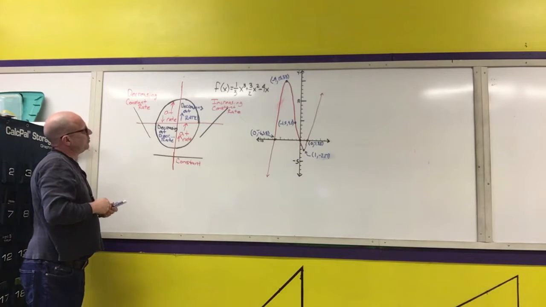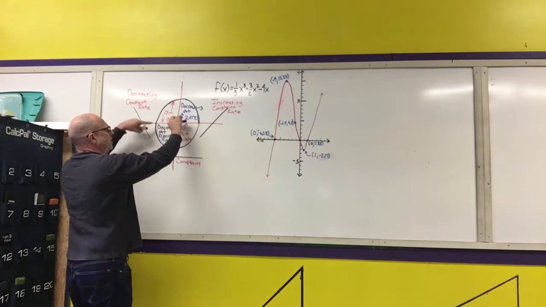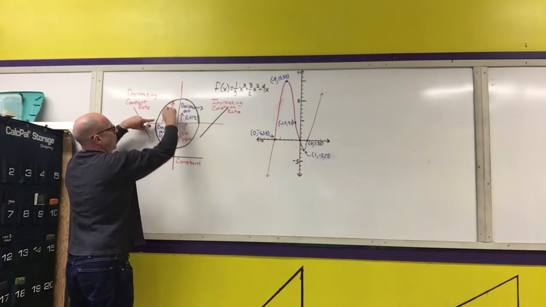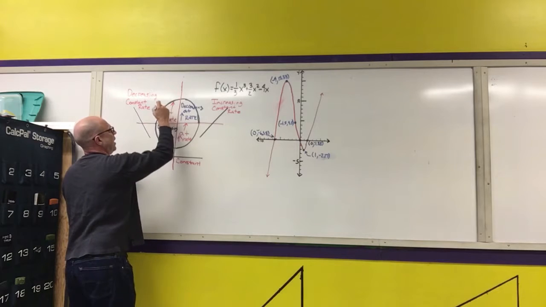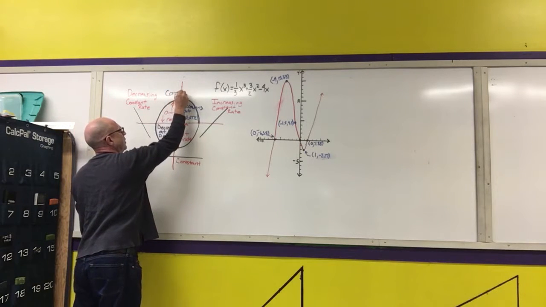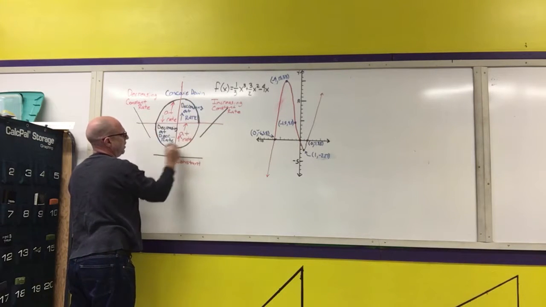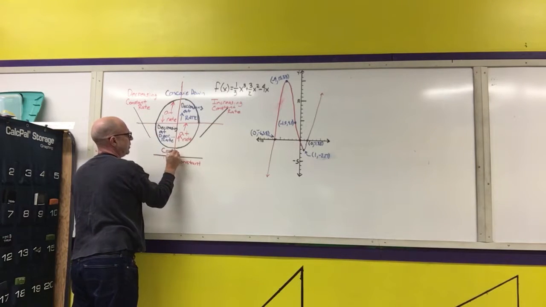One other thing that helps us when we identify graphs is the shape in this upper half we call concave down. So the upper half region is concave down. The lower half region we call concave up.